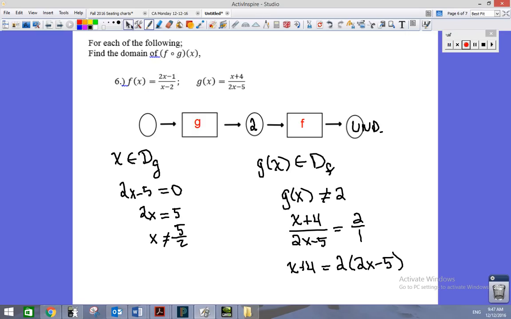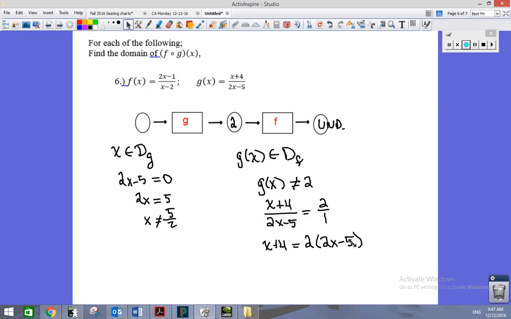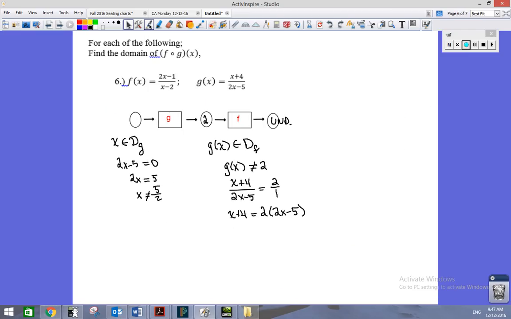So let's see if we can solve this equation. Let's use the distributive property on the right-hand side. We've got x + 4 is equal to 4x - 10. All right, so if I subtract x from each side, I get 3x - 10. If I add 10 to both sides, 14 is equal to 3x.